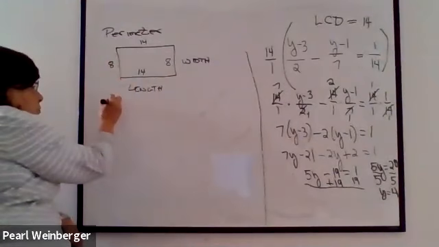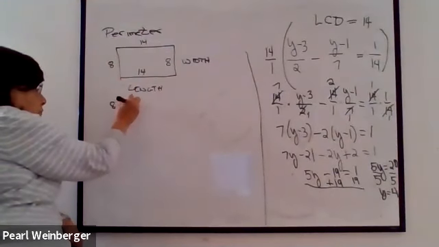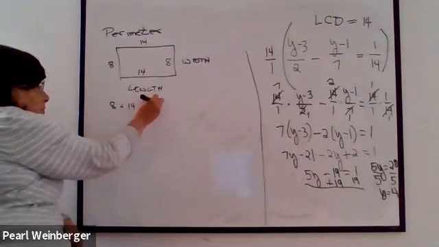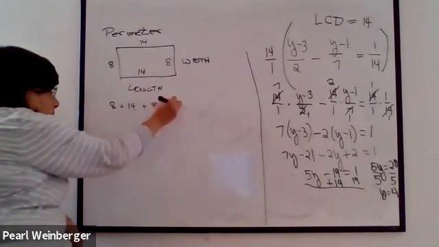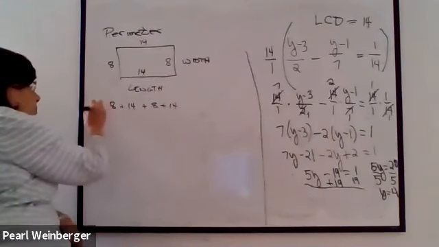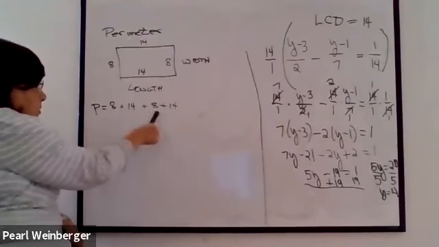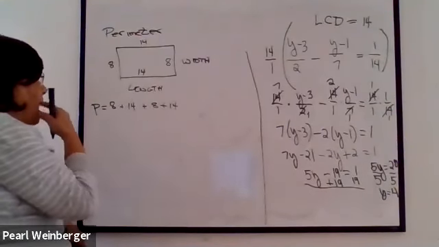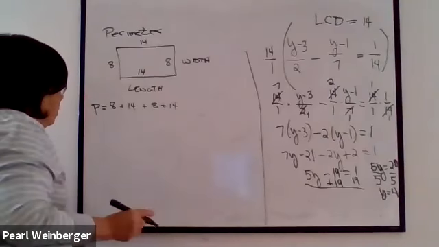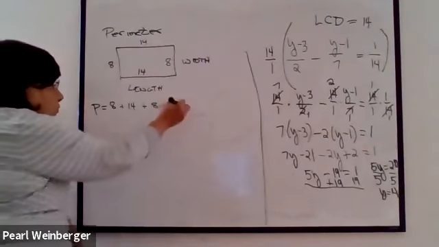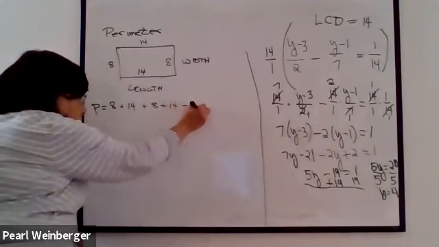All I have to do is 8 plus 14 plus 8 plus 14 to get my perimeter, called P, which would be 16 and 28 is 44. My perimeter would be 44.